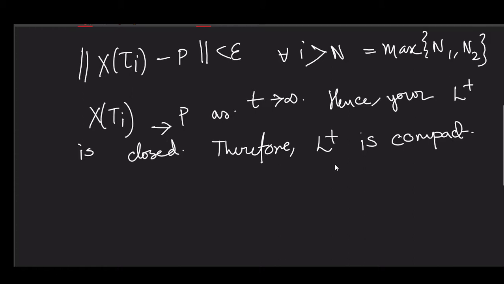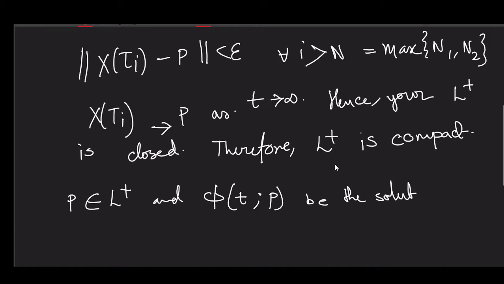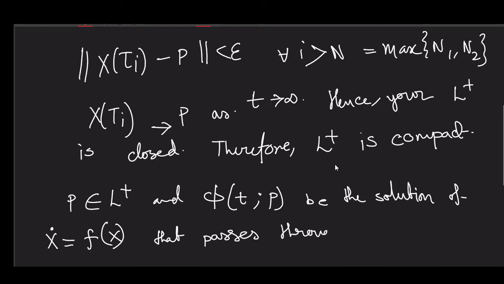To show that, let us consider p belongs to L plus, and let phi(t, p) be the solution of x dot is equal to f(x) that passes through p at t is equal to 0.